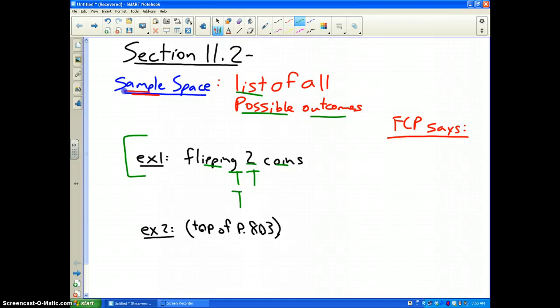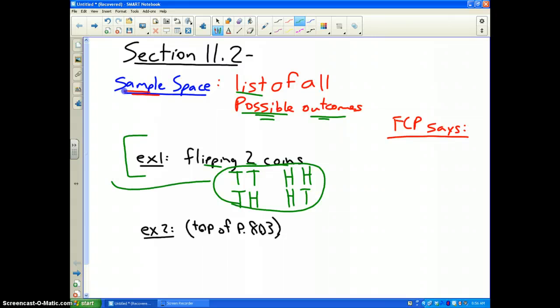The first coin could be tails and the second coin could be heads. Or the first coin could be heads and the second coin could be heads. Or I could get heads on the first coin and tails on the second coin. Those four are the only possible outcomes, which is the list of my sample space.